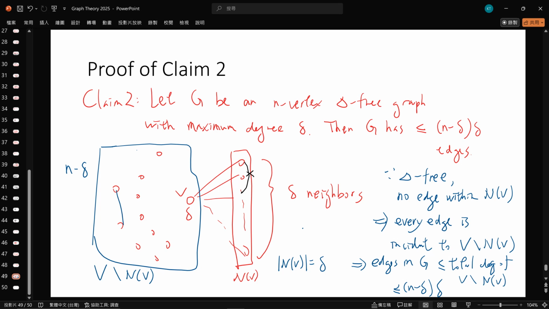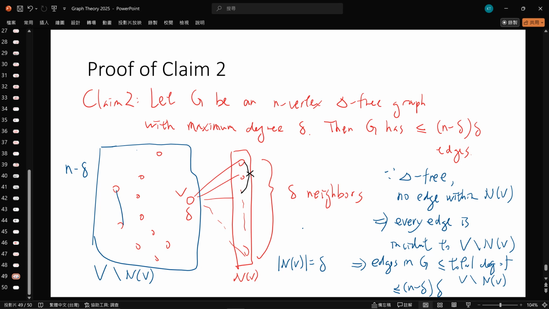Now, once we know that there's no edge within this red set, we get that every edge has at least one endpoint in this blue set. So at least one of them must be in this blue set, okay?